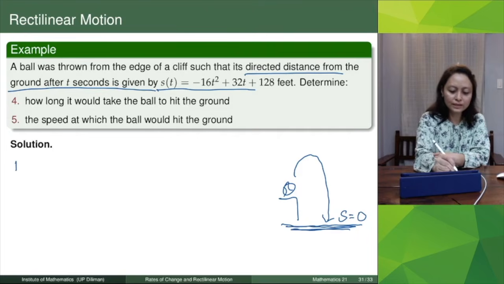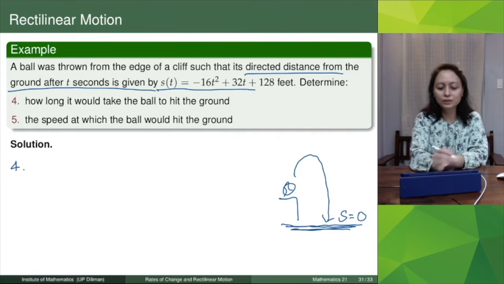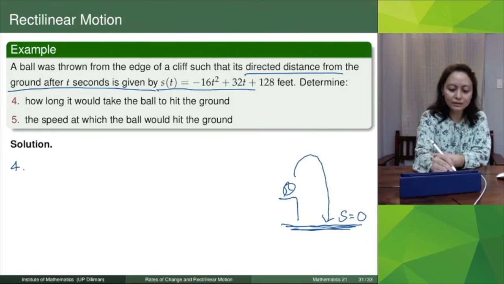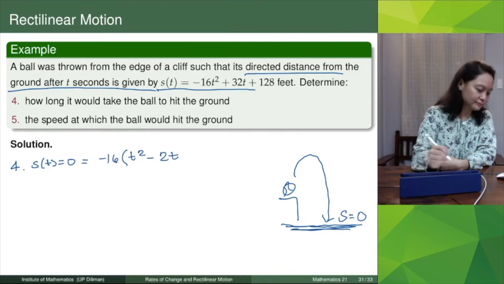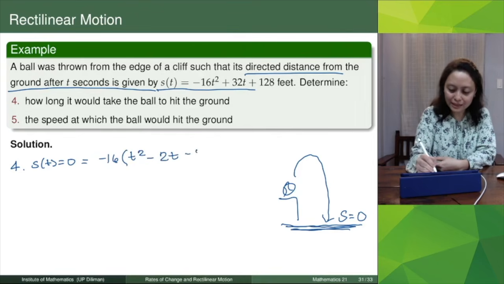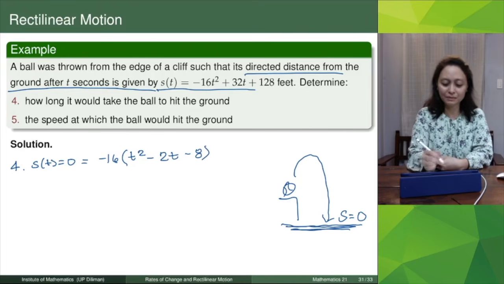So, if you want to determine the time for the ball to hit the ground, you equate s of t to 0. But s of t is given here. Factor out na natin yung negative 16. So, you have negative 16 t square minus 2t minus 8. Para mas madaling mag-factor.